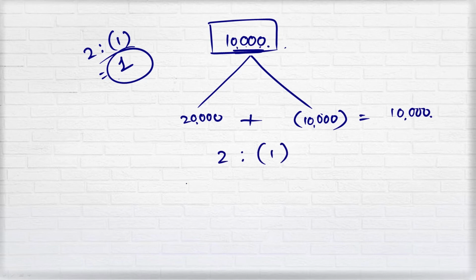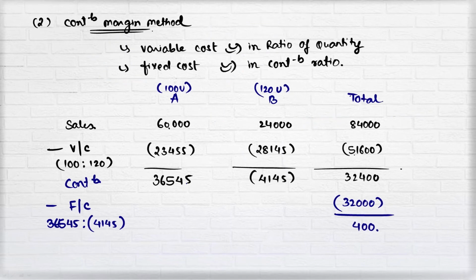This is nothing but a distribution of 10,000 in the ratio of 2 is to minus 1. So something can be distributed in negative ratio. But please understand over here. If I know mathematics of it, that does not mean I should always do it. What will happen is, if I distribute in negative ratio, negative, here it will become positive.